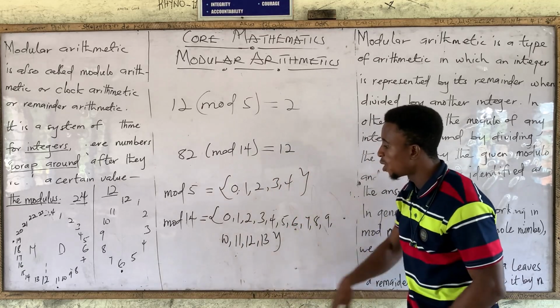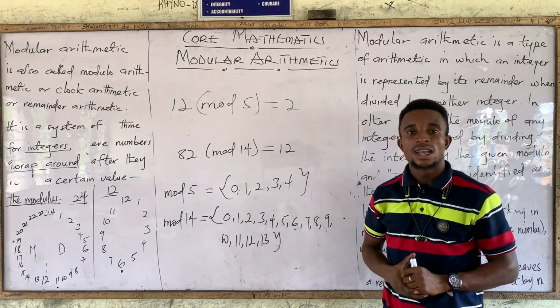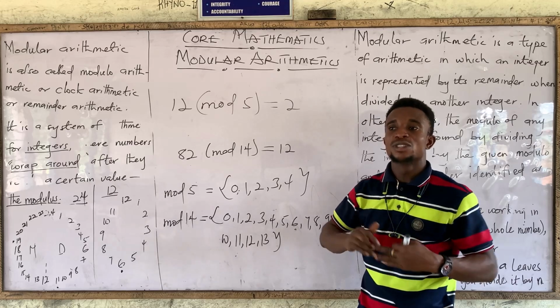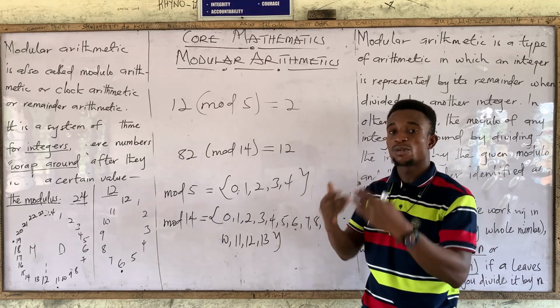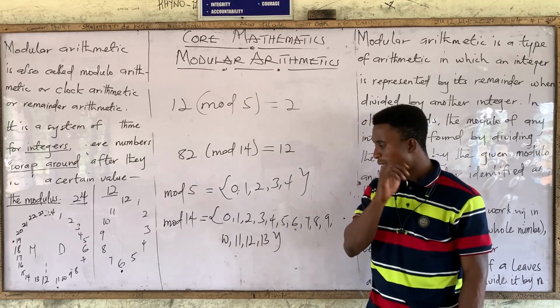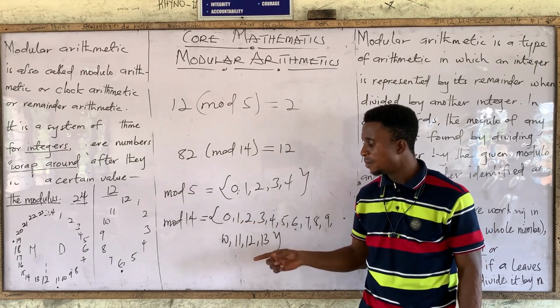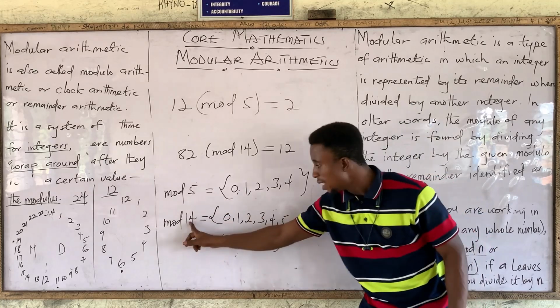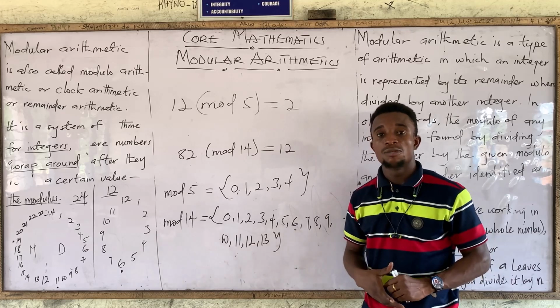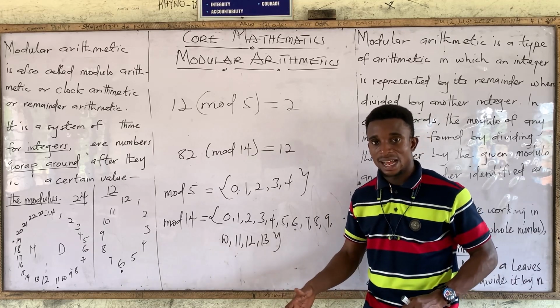So these are the possible remainders for mod 14. Whenever 14 goes into certain integers, the possible remainders are from 0 to 13. Somebody will say, what about 14? Immediately it gets to 14, the 14 can go into that, and that one is no more a remainder. The remainder now will be 0.